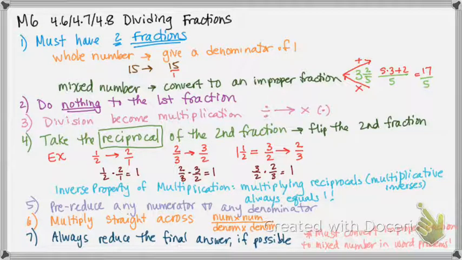So let's go ahead and we're going to do a couple of different examples. Directions are going to ask you to, I'm going to do an easy one, find the reciprocal. So if we're given 1/7, our answer would be 7/1 or just 7.